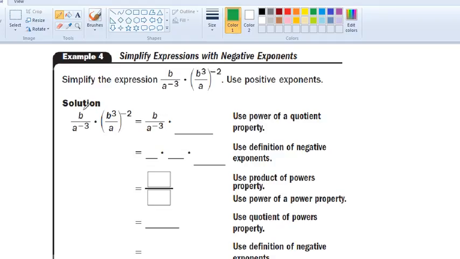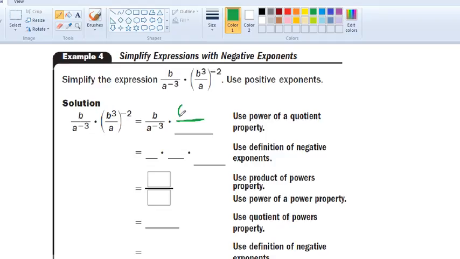We've got, let's leave this one alone right here. We're not going to mess with that yet. We're going to get rid of these parentheses. So this is still going to stay as b over a to the negative third. And then give yourself another fraction bar right here. And we're going to write really what this negative 2 does. It's going to go in there, and it's going to go on the a.